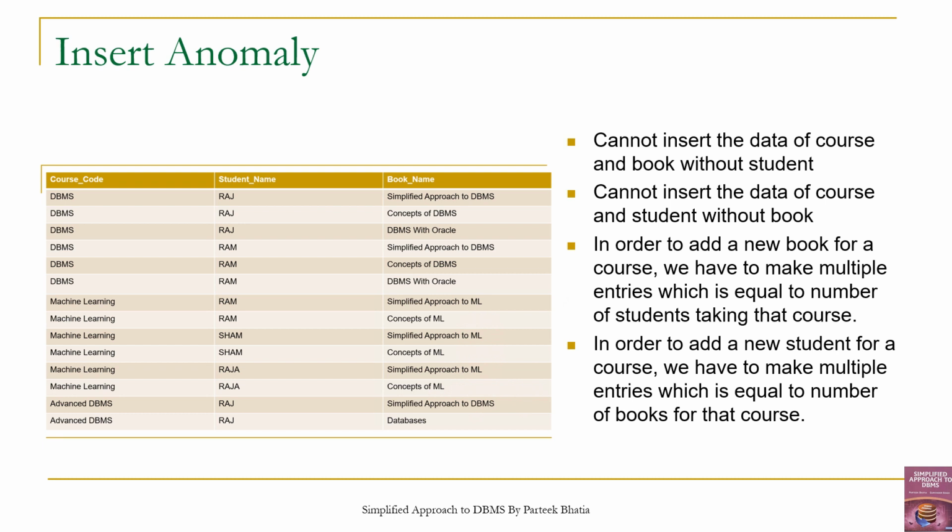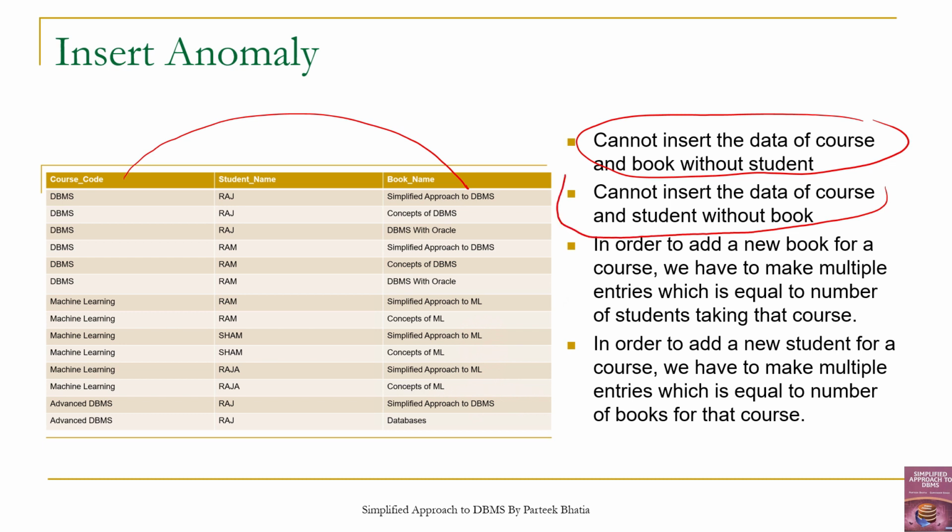So let's conclude some of the insert anomalies. We cannot insert the data of course and book without a student. If I want to store the information of course and book name, I can't store it until some student is registered for that course. This is also true if I have to store the information about course and student without a book.